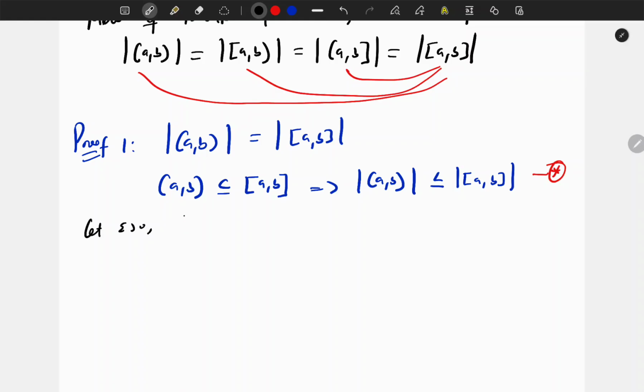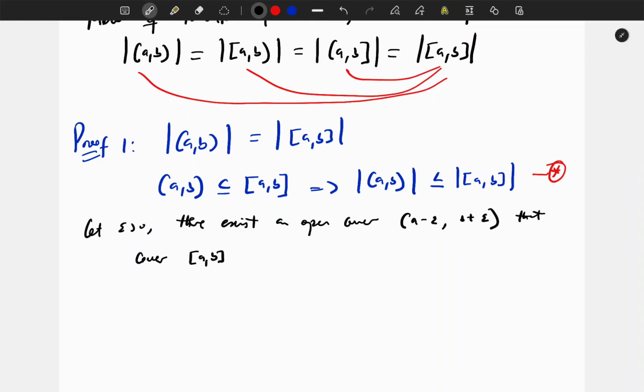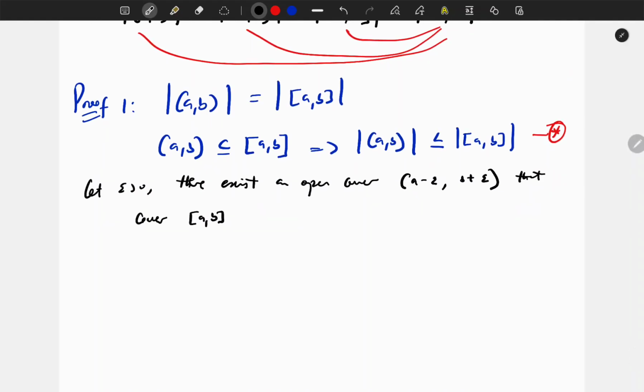So there exists an open cover (a minus e, b plus e) that covers [a,b].